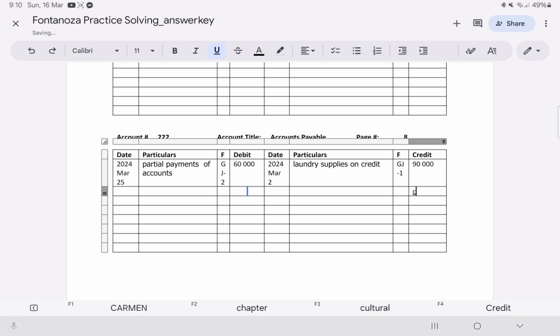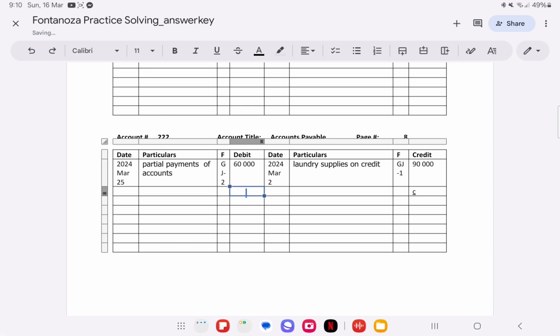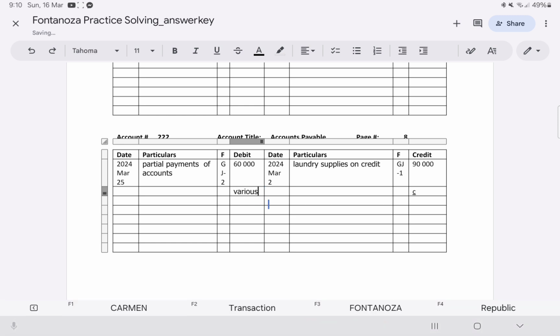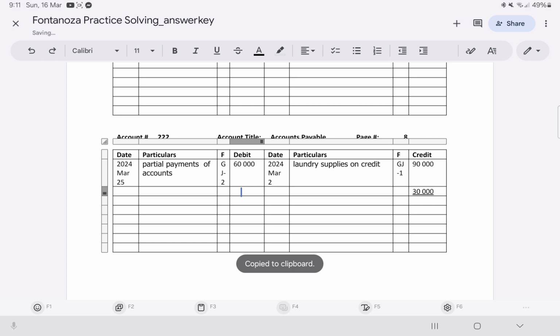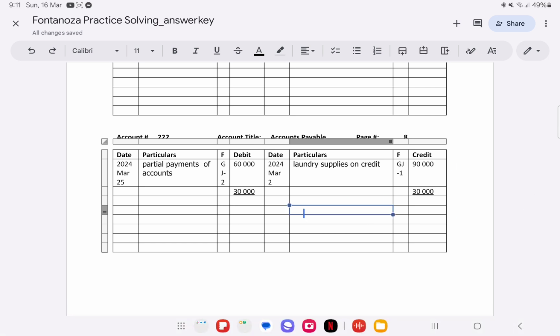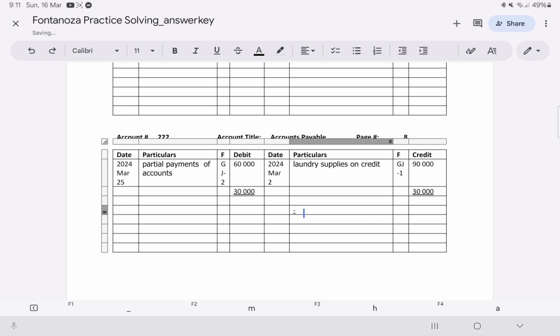So if there will be the same total here, 30,000 and 30,000, and the normal balance is accounts payable, you should write zero in the particulars if it is a balance already or the account is closed already.